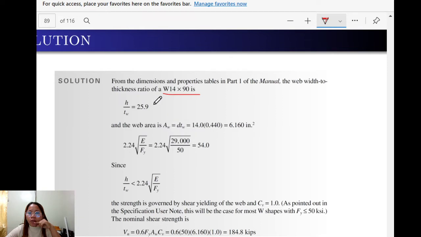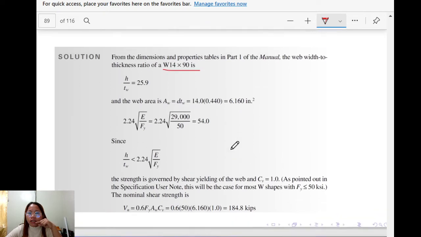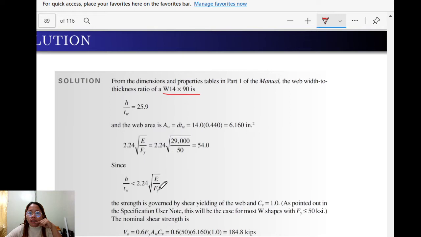Then comparing the value for the H over T sub W. So this value, 25.9, is less than this limit ratio 54. Since this H over T sub W is less than this ratio, the strength is governed by shear yielding of the web.